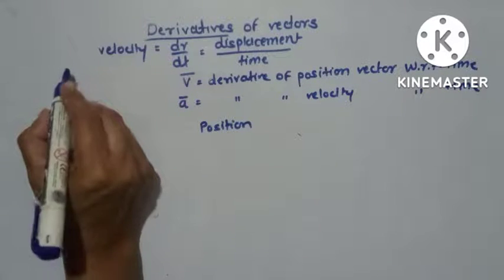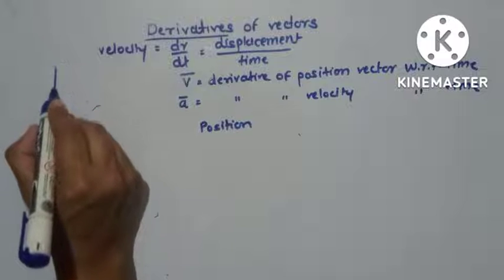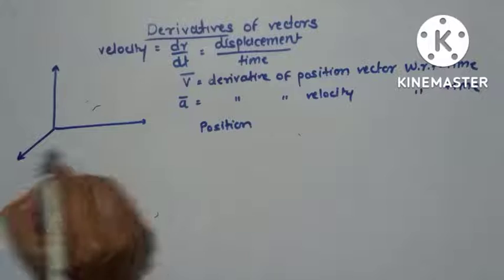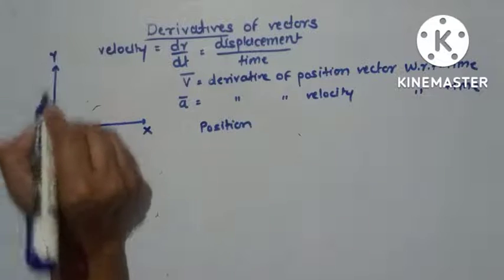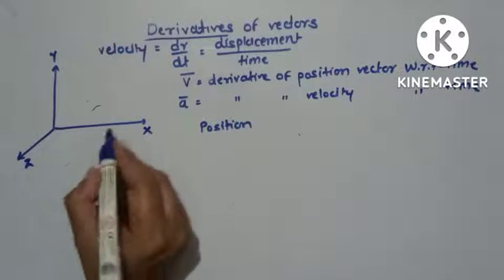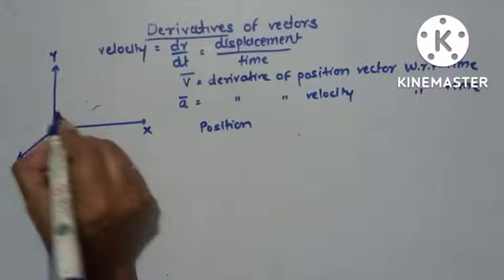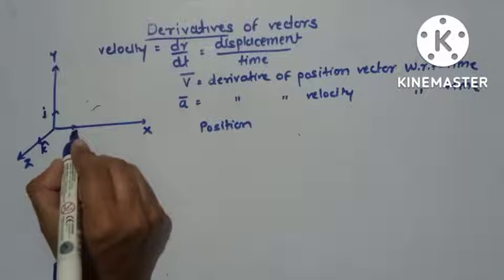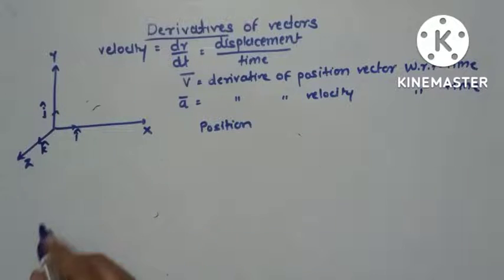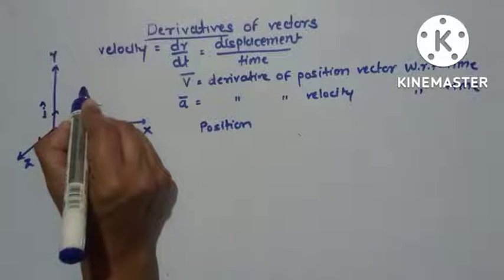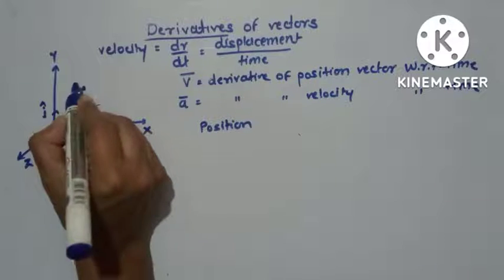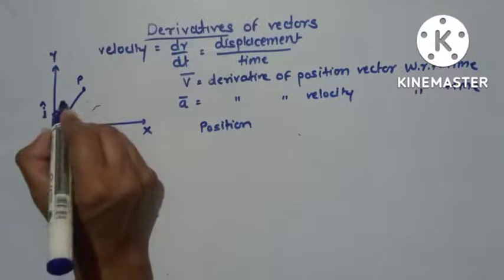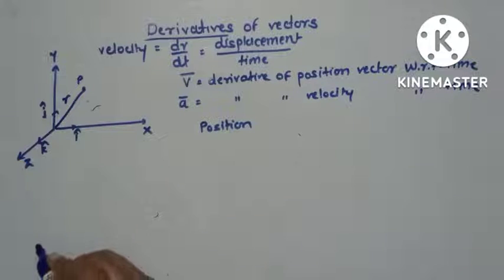Now let us have a Cartesian coordinate system with x, y and z directions. Let i, j and k be the unit vectors along x, y and z directions. Now suppose I have a point P represented by the position vector small r.